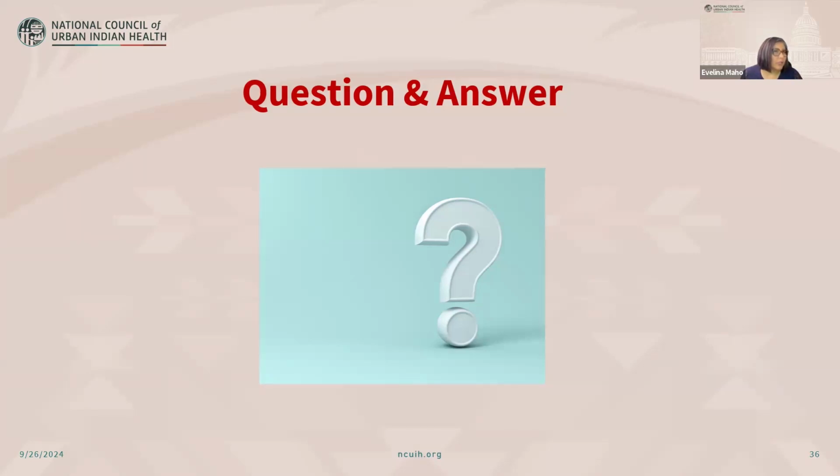I think when it comes to HIPAA, a lot of the time when you're developing your programs, it's really important that if someone is entering a program, for example a diabetes prevention program or a cardiovascular program or a walking program, you look at your intake forms and make sure that your organization has internal strategies and processes in place that speak to how you collect data, what you do with the data, and that you have their consent.